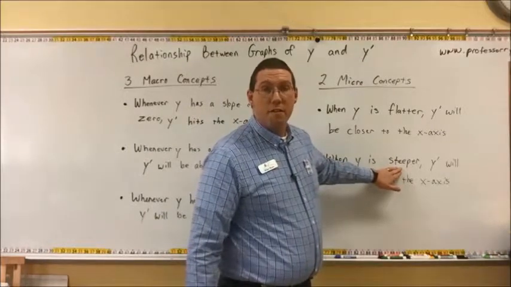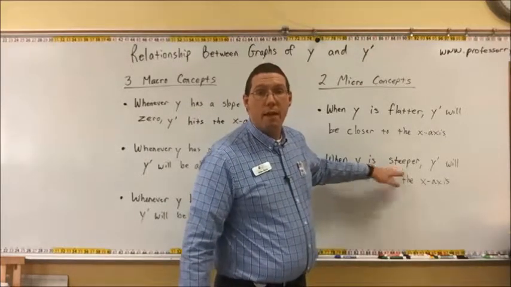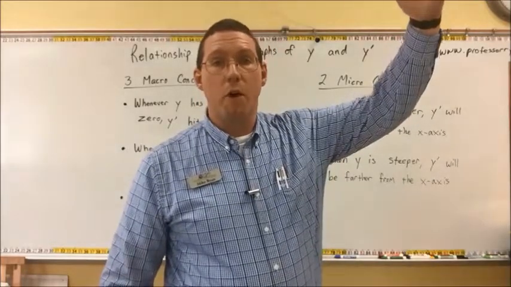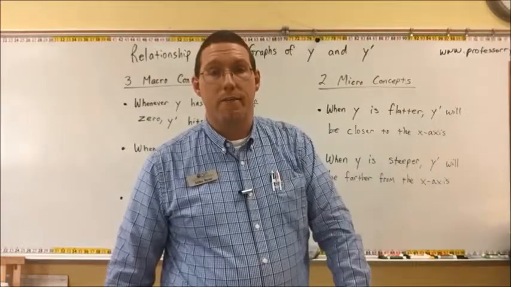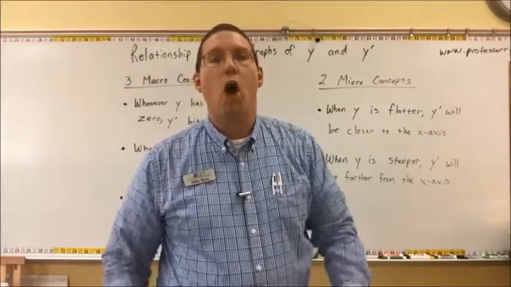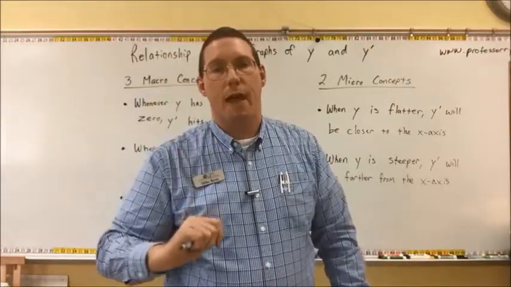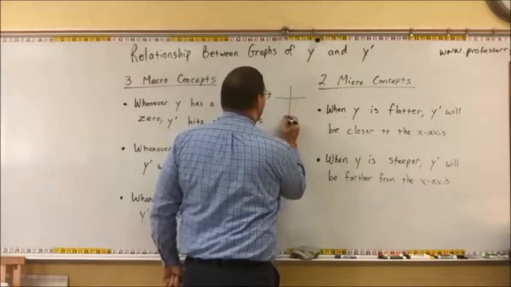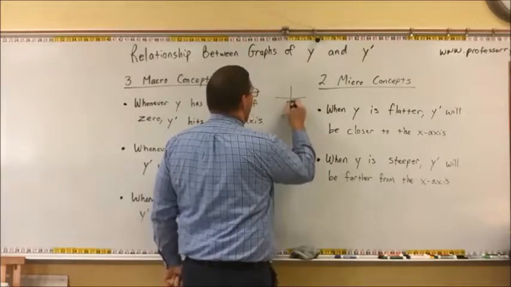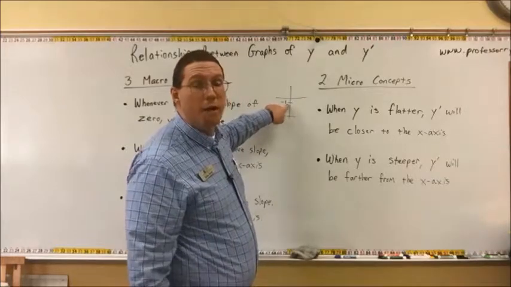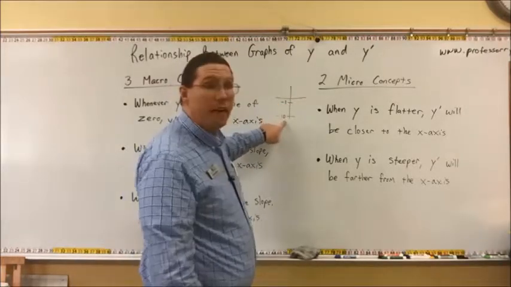When a graph is steeper, then its slope is either much more positive or much more negative. And numbers that are much more positive or much more negative are farther away from the x-axis. -10 is farther away from the x-axis than -1, and a slope of -1 is flatter than a slope of -10.